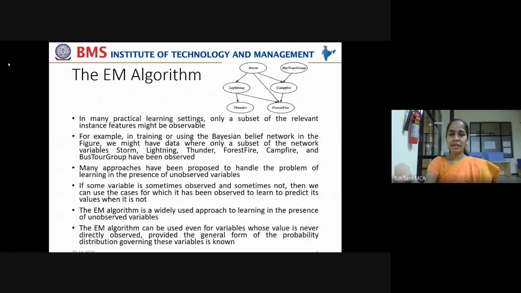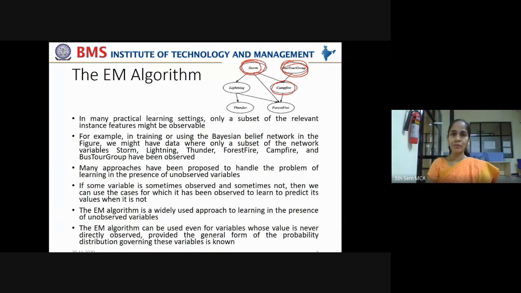Okay, now in this case, if storm's data is available, bus tour group's data is available, and campfire data is unobservable, it is not available. In that case, if the learning system is able to understand the distribution of data in storm and the distribution of data in bus tour group, it can guess the values for campfire. Did you understand what I'm talking about?